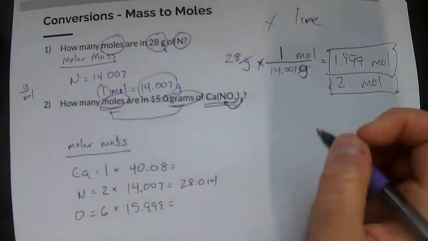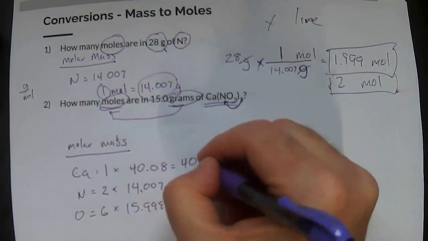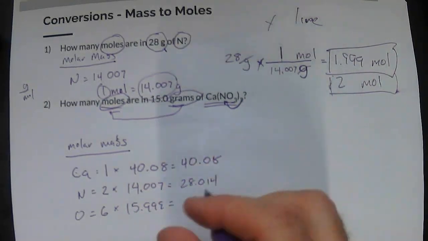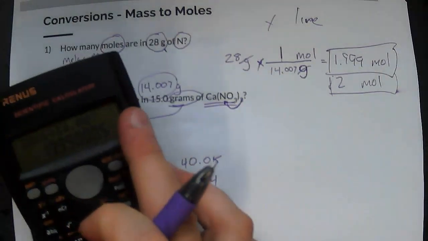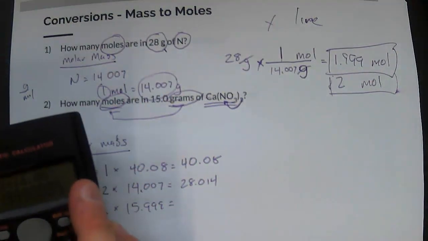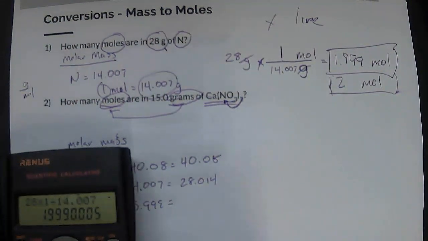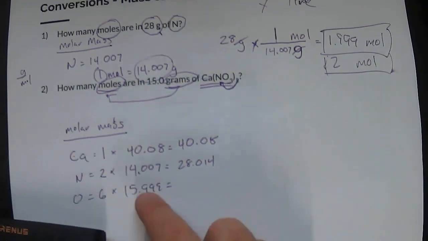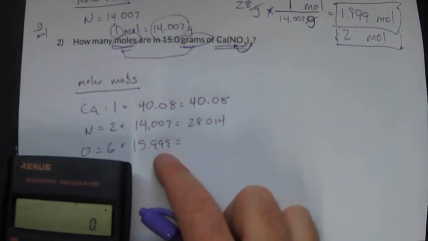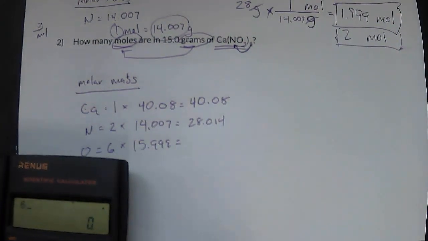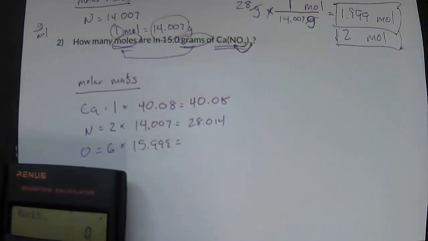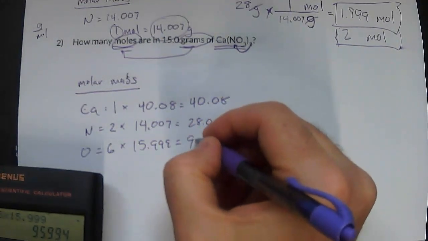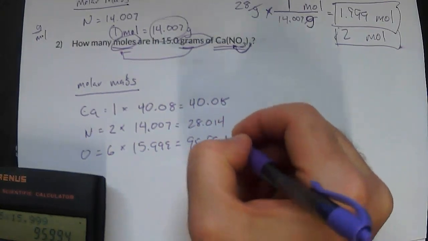So this is 40.08, and then for oxygen here, 6 times 15.999 is 95.994.